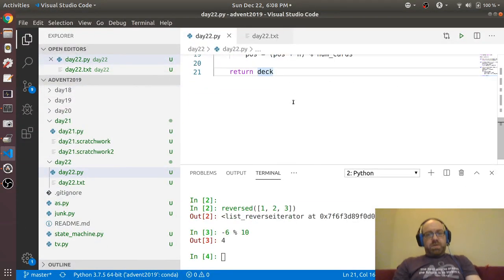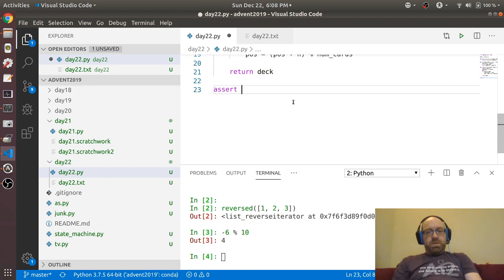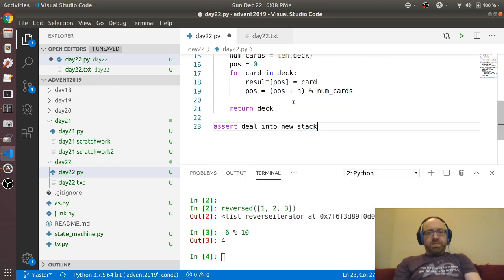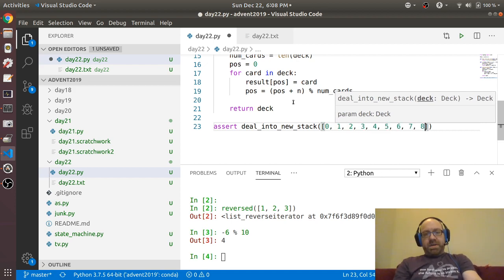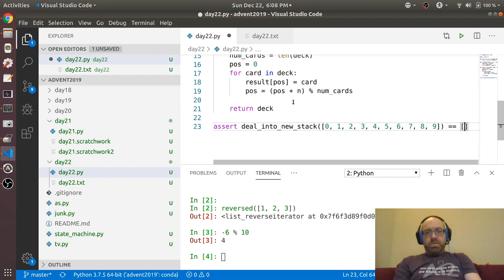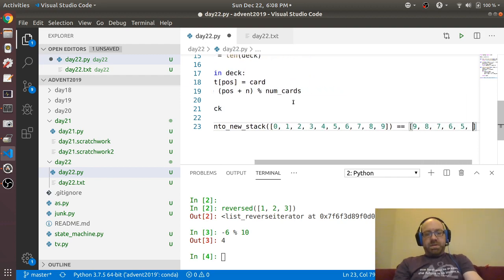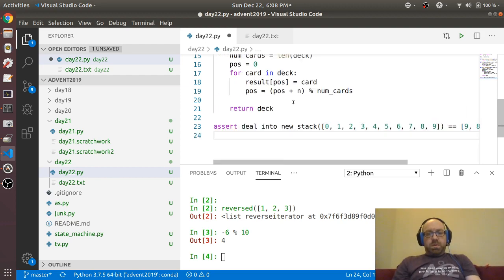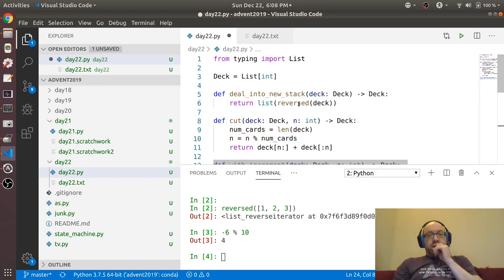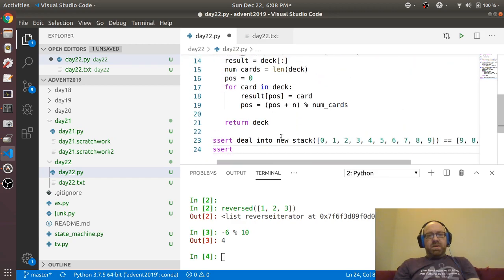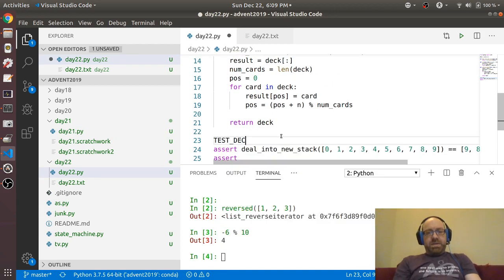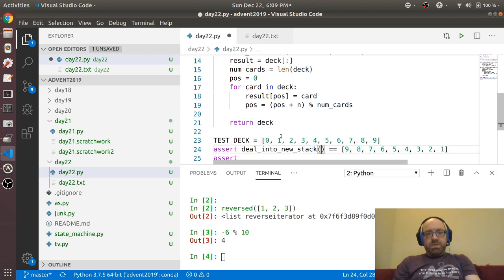So assert that deal into new stack of 0, 1, 2, 3, 4, 5, 6, 7, 8, 9 equals 9, 8, 7, 6, 5, 4, 3, 2, 1. And actually let me say test deck equals this, because we're not mutating it, so I can just use the same one each time.